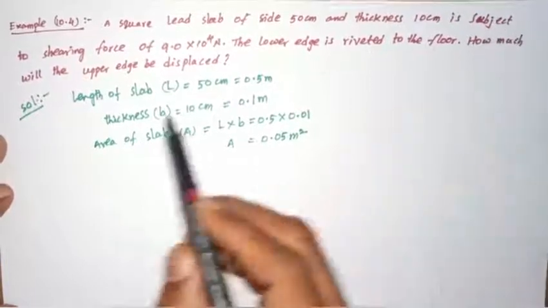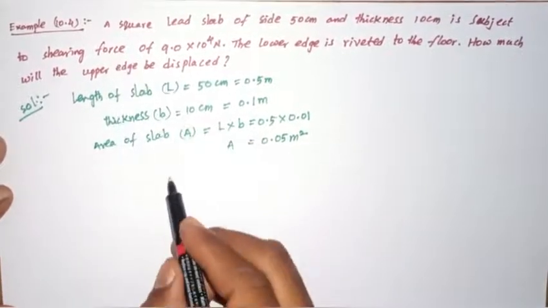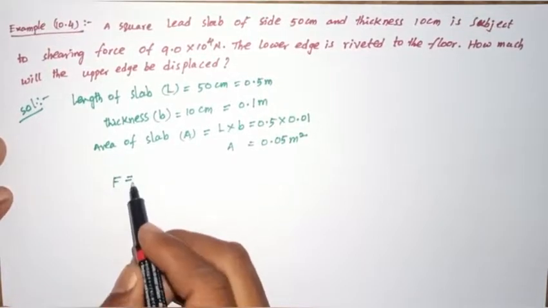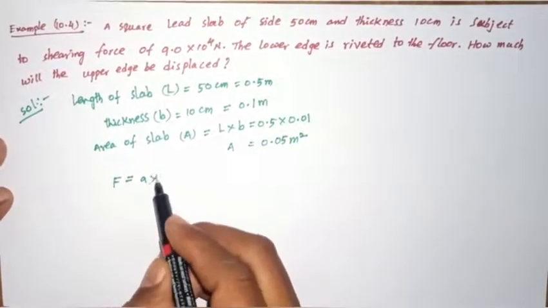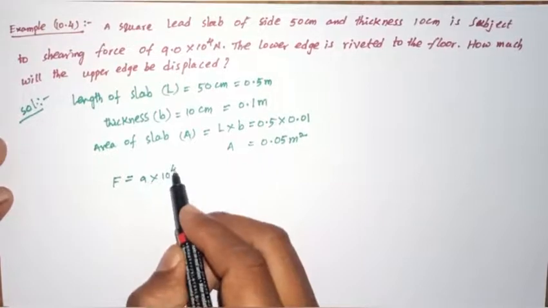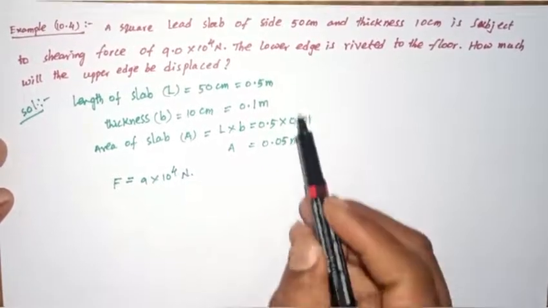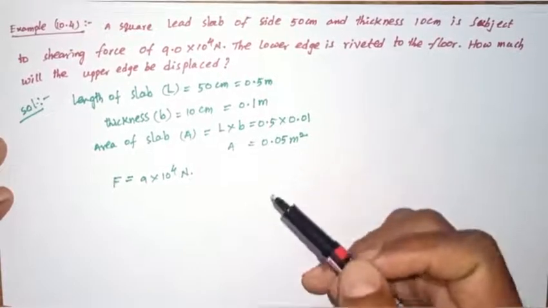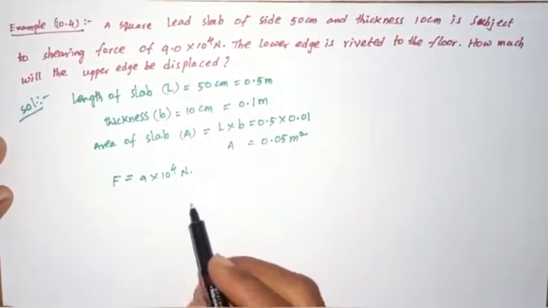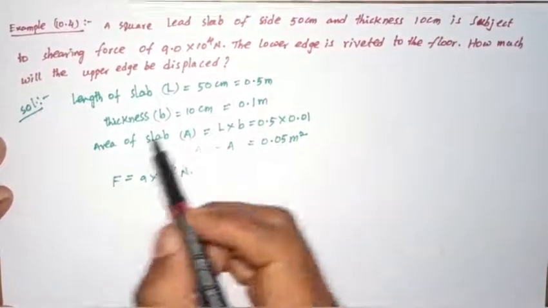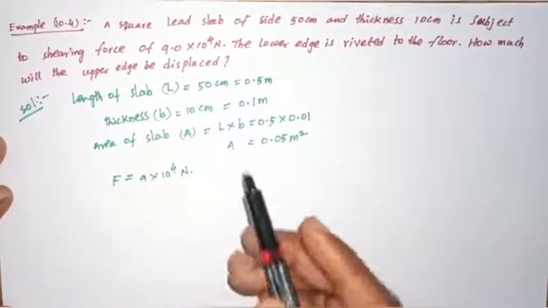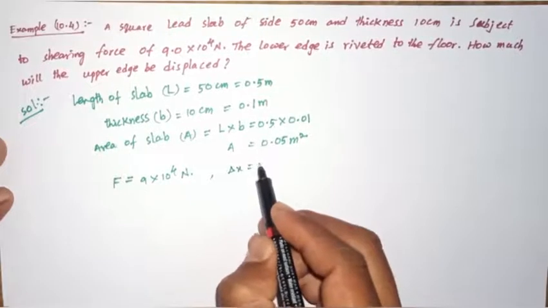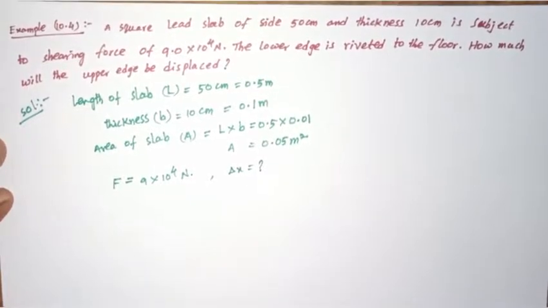Next, shearing force. The force is given: shearing force F equals 9.0 into 10 to the power of 4 newtons. The lower edge is riveted to the floor, so the lower edge is fixed. How much will the upper edge be displaced? So the displacement, what is delta x?